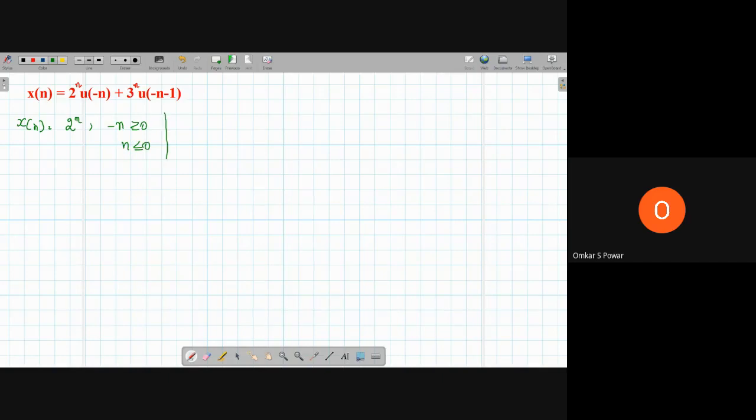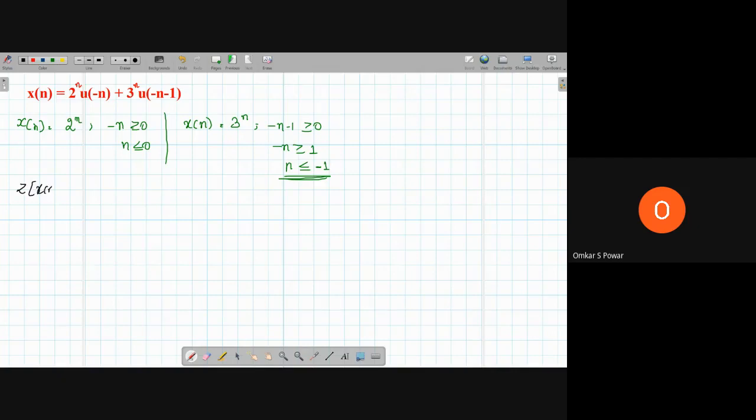Then for the other term, x of n is equal to 3 to the power of n for minus n minus 1 greater than or equal to 0, minus n greater than or equal to 1, or n is less than or equal to minus 1. I have taken this minus to the right hand side so that our notation becomes easy. If you write this mathematical expression, it will be easy to solve. So let us solve.